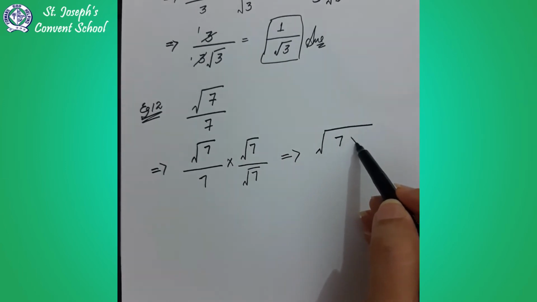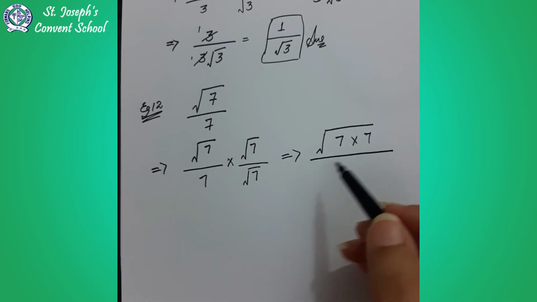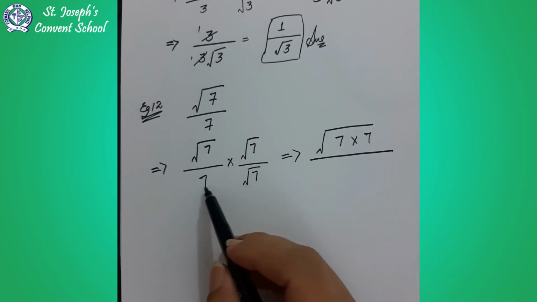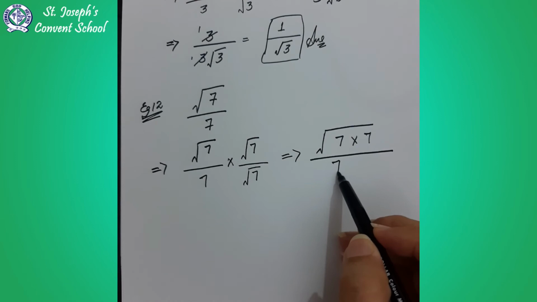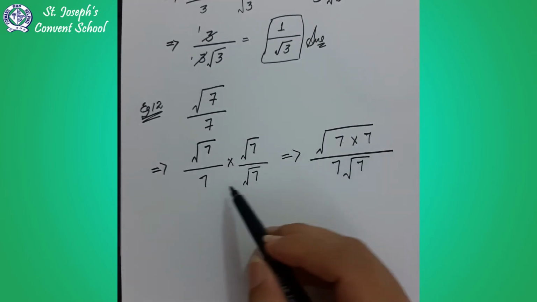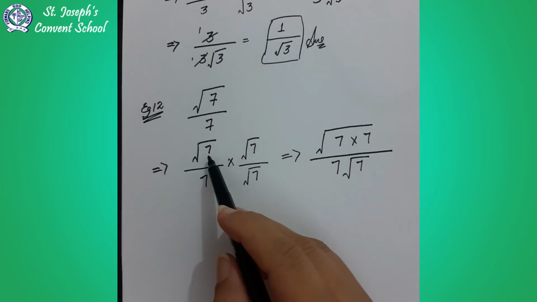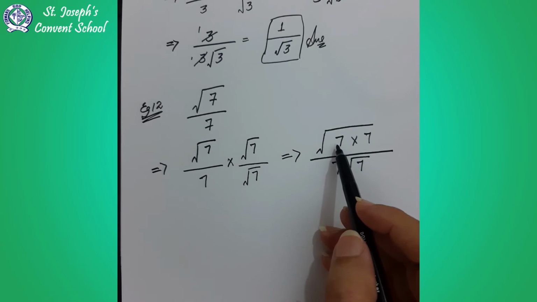7 into 7 divided by denominator into denominator, this 7 as it is and this root 7 as it is, both are multiplying. So 7 root 7 in the denominator, this 7 into 7 in one root sign.